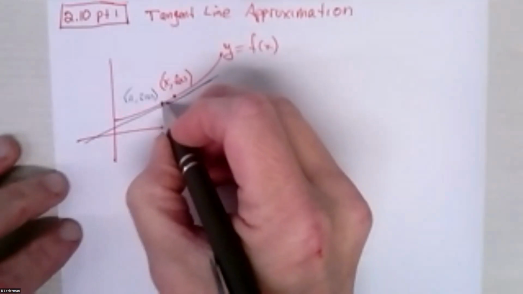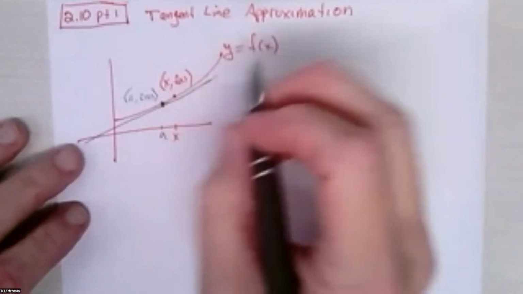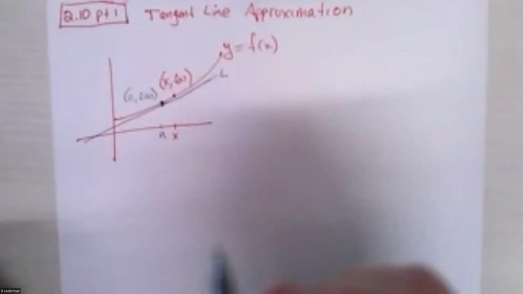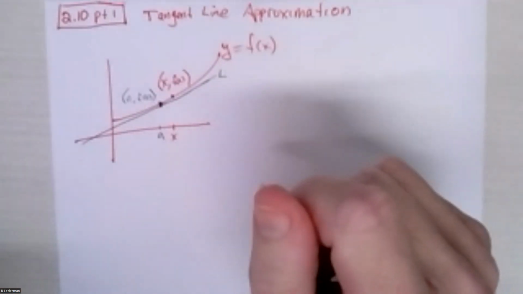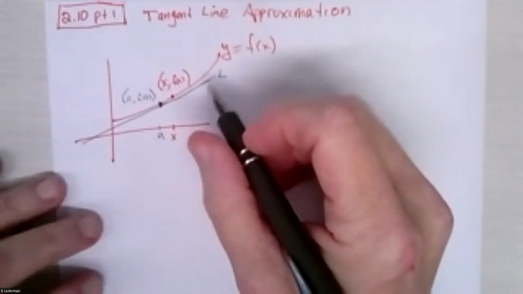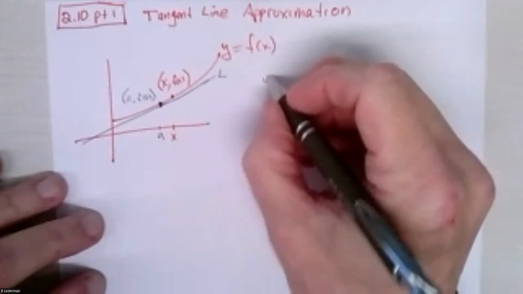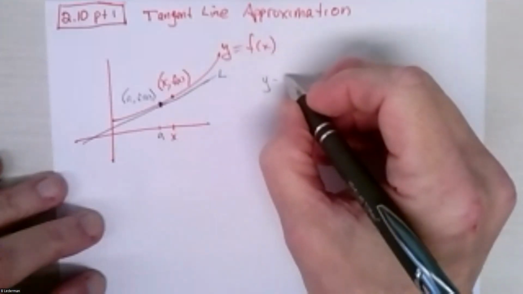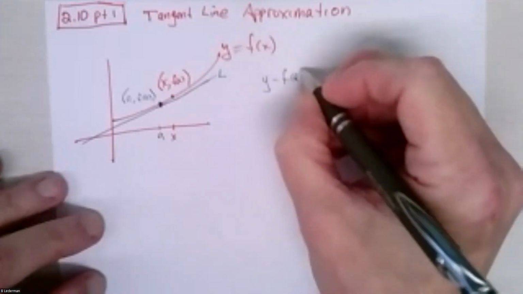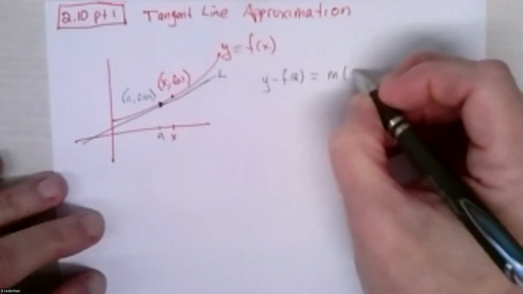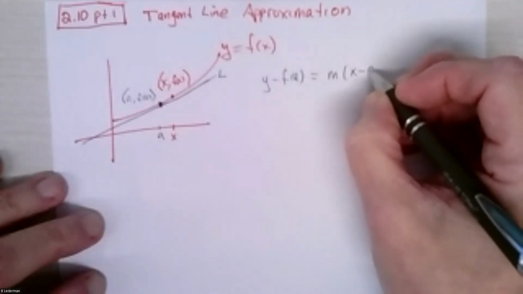In fact, I can give you the equation of this line here. I'll call it L. And L is a straight line. And the equation of L I can get very nicely because we know from the point slope formula, y minus y1, which in this case is f of A, equals m times x minus x1.